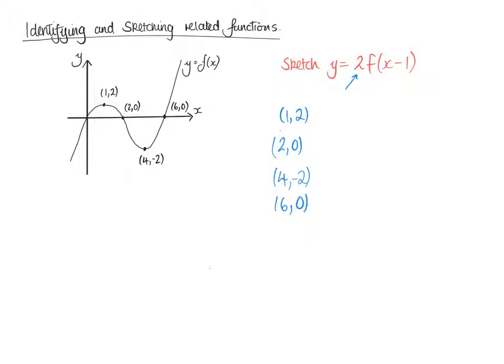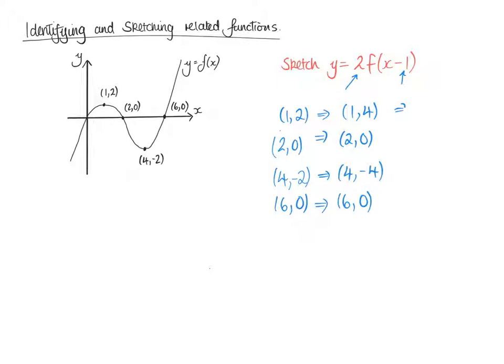So we know that what that 2 does is that doubles our y coordinates. So we're going to have (1, 4), we're going to have (2, 0), because 0 can't double to anything. We're going to have (4, -4), because the minus 2 is doubled, and then (6, 0).